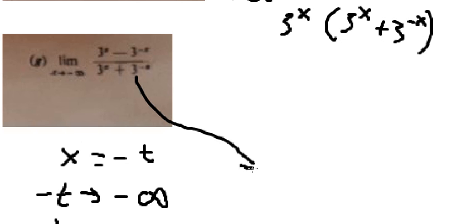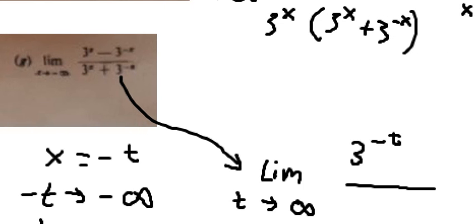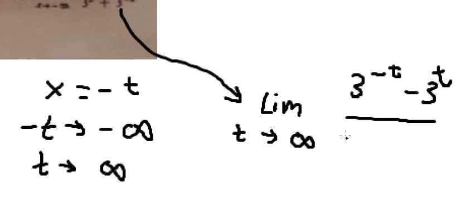So the new one should be like this. So s we change for negative t. And negative s, we change with negative t, you get positive t in here. Similar for this one.